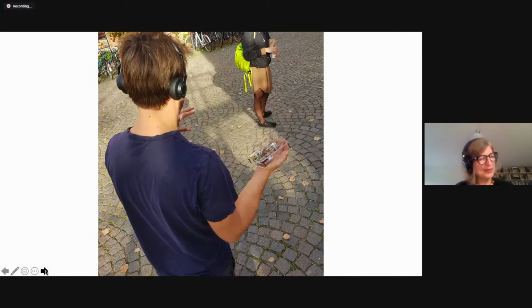And then there's also the embodied cognition. That's interesting because the interface is something you are using when you are walking and listening.